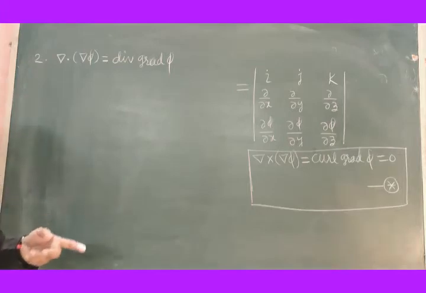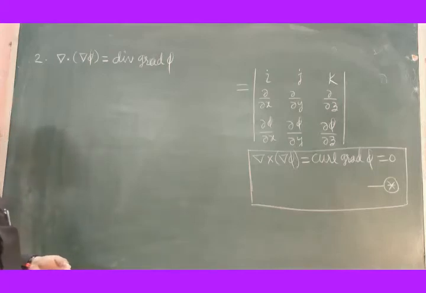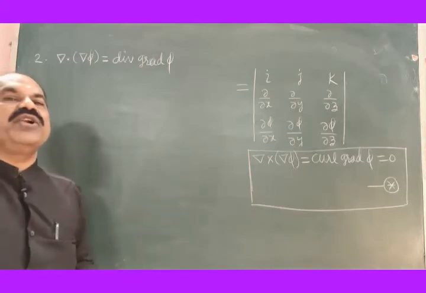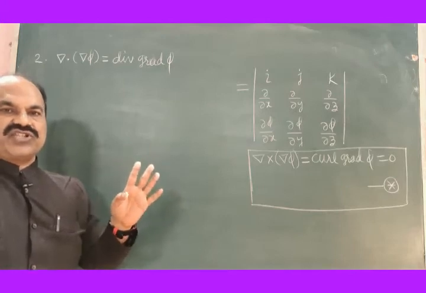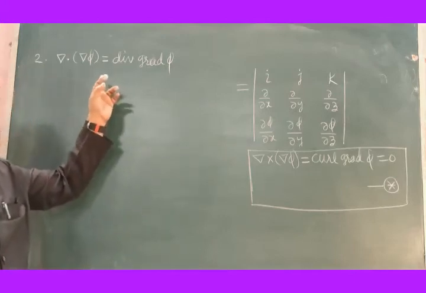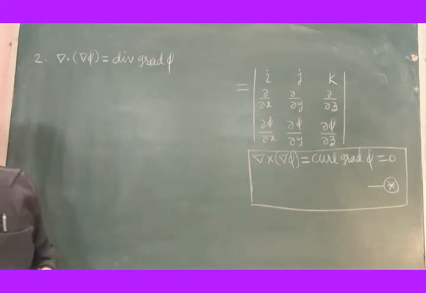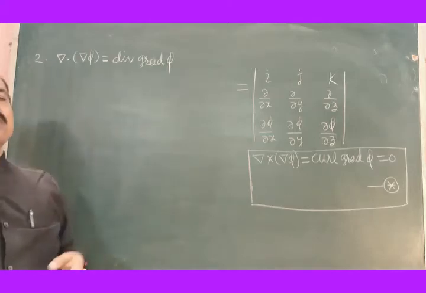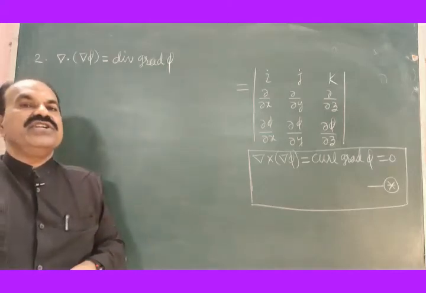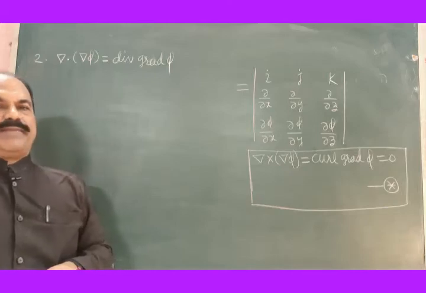What is the meaning of del dot del phi? Meaning of del dot del phi is divergence of gradient of a scalar function phi.